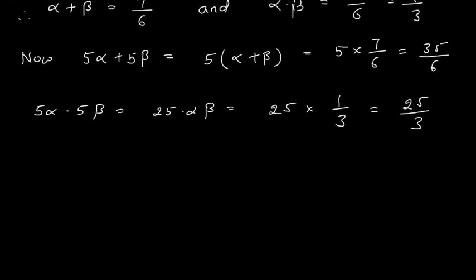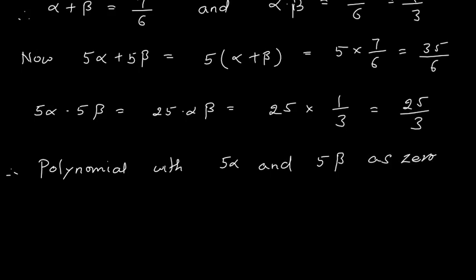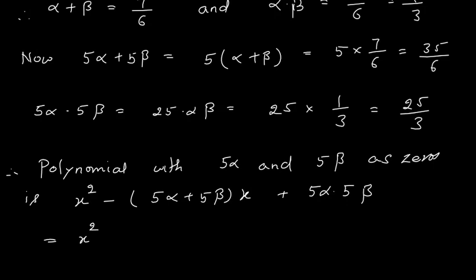So therefore polynomial with 5 alpha and 5 beta as zeros is x square minus, here I have 5 alpha plus 5 beta times x plus 5 alpha into 5 beta, which will give me x square minus 5 alpha plus 5 beta is 35 divided by 6 times x plus 5 alpha 5 beta is 25 divided by 3.